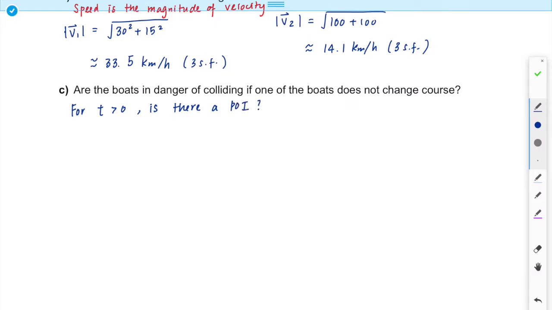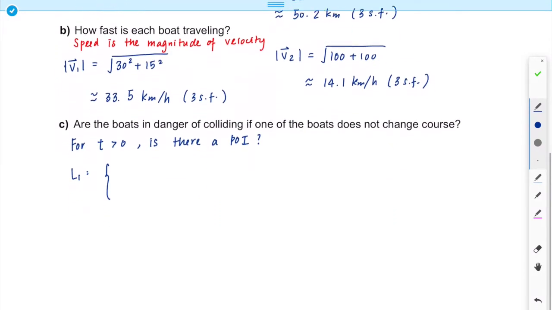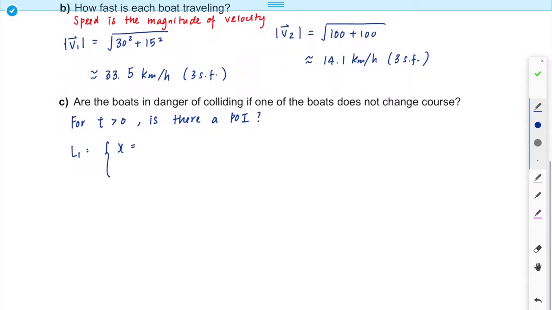One way of doing this is to first write our equations in parametric form. For L1, x is 0 plus 30t, and y is 0 plus 15t. And L2 is x equals 50 plus 10t, and y is 5 plus 10t.